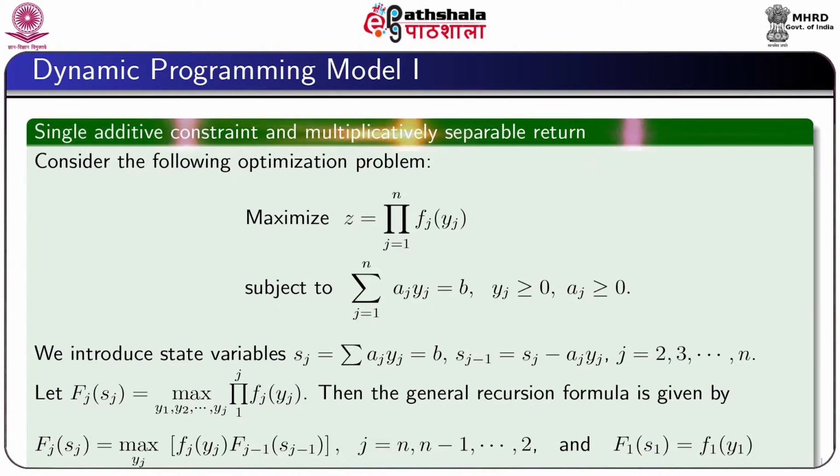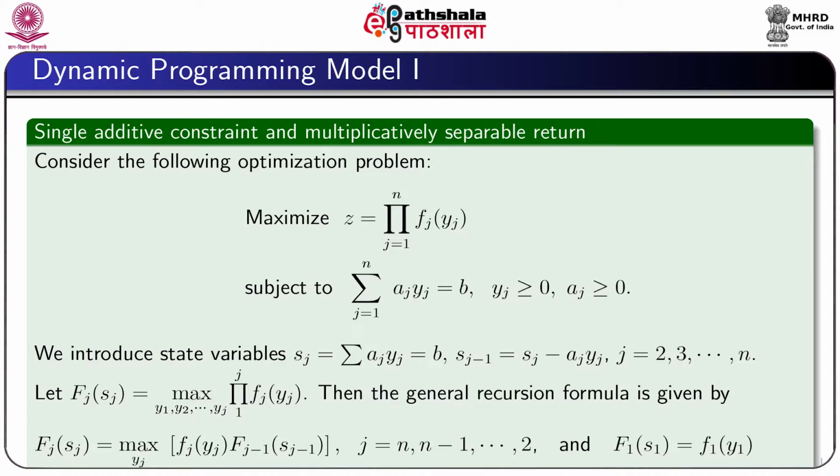Let capital Fj(sj) equal to the maximum of product fj(yj), where j takes the value 1 up to j, and the maximum is considered over y1, y2 up to yj.